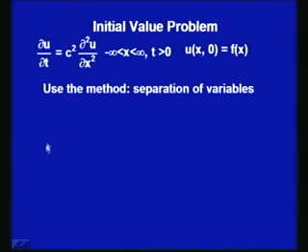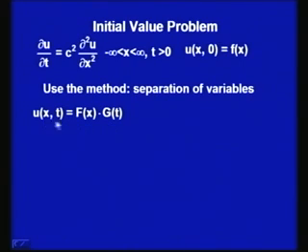So, we will use separation of variables. Let us say the solution u(x, t) is a product of two functions, one of x only and another of t only, F(x) into G(t).